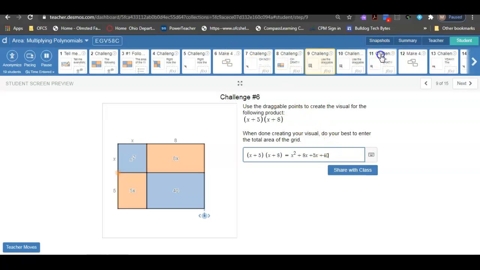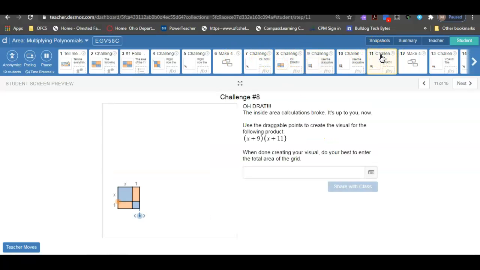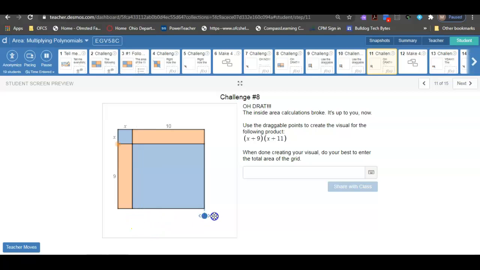Okay, one last time here. Use the draggable points to create x plus 9 and x plus 11. So I'm going to move this up here, x plus 9, and then x plus 11 right there, okay? Total area.